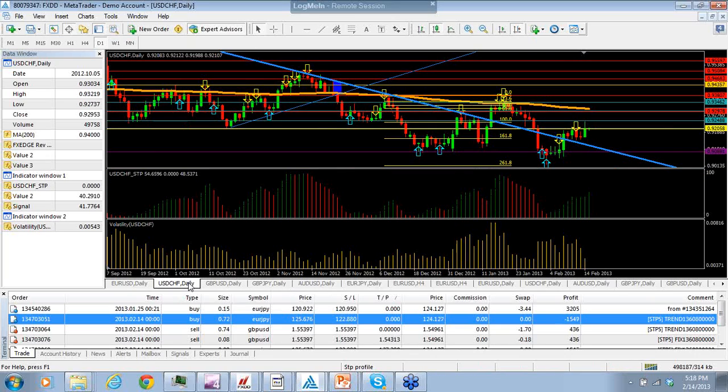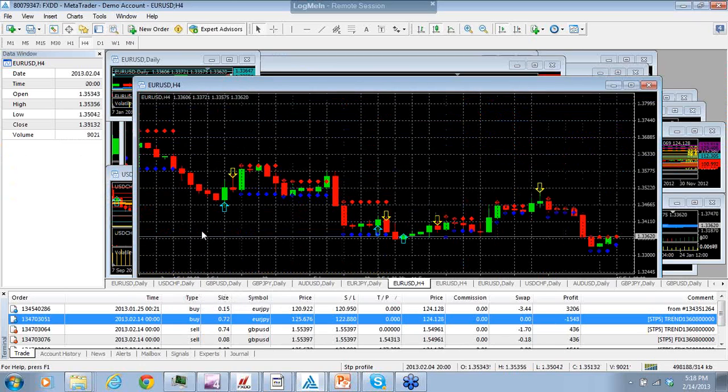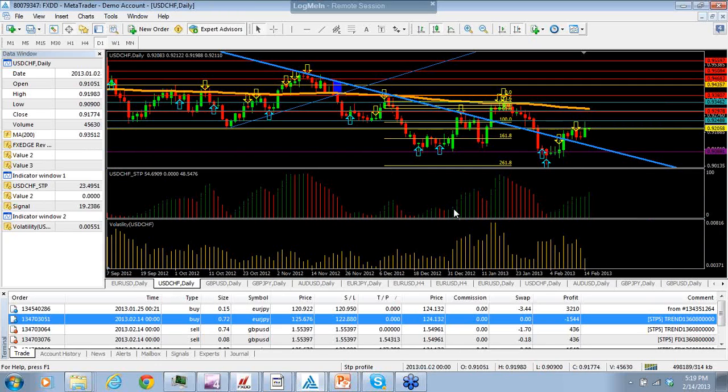We'll be looking for a change from green to red that will potentially get us into a sell here and reattack this trend line that it's headed down.